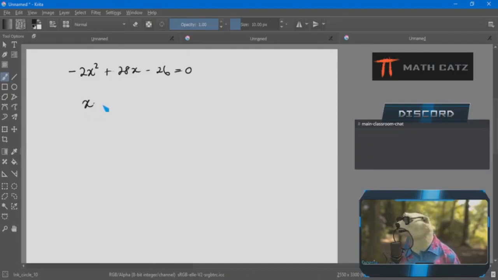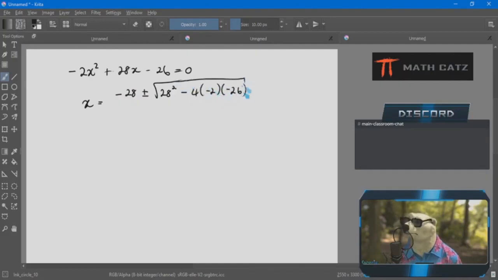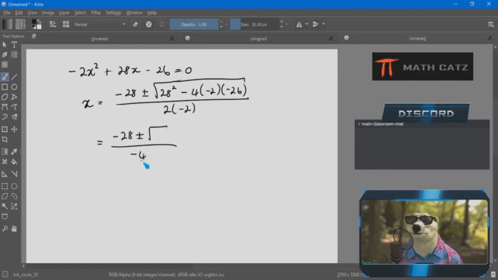So I have x equal to, by my quadratic formula, negative b plus or minus the square root of b squared, oh, that's going to be unpleasant, minus 4 times a times c, over 2 times a. Now I like to just calculate what's inside the square root so that my calculation isn't too overwhelming.